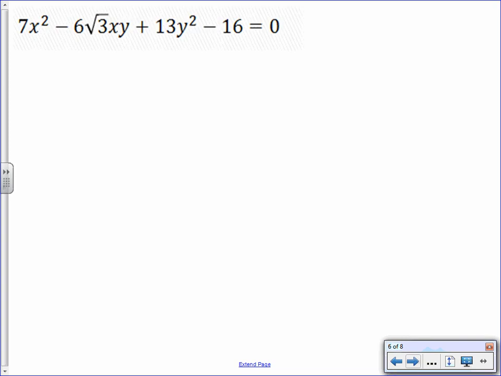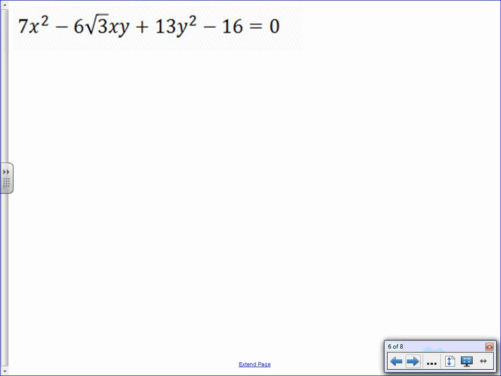First example. You'll want a lot of room, so if you're at the end of the page, flip to the next one. First thing we need to do is identify what type of conic this is.